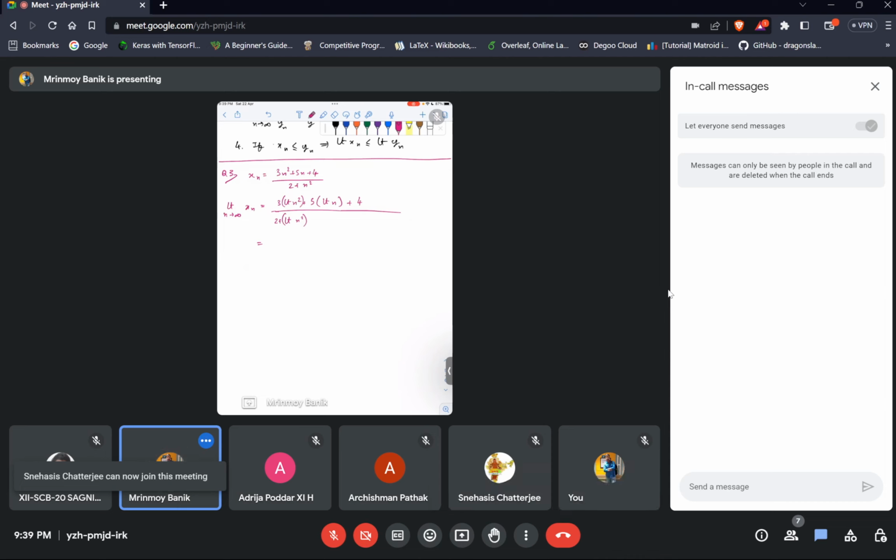So now what is the limit of n squared as n tends to infinity? So we know the sum of squares from 1 to n is n into n plus 1 into 2n plus 1 by 6, from our previous sequences and series knowledge.